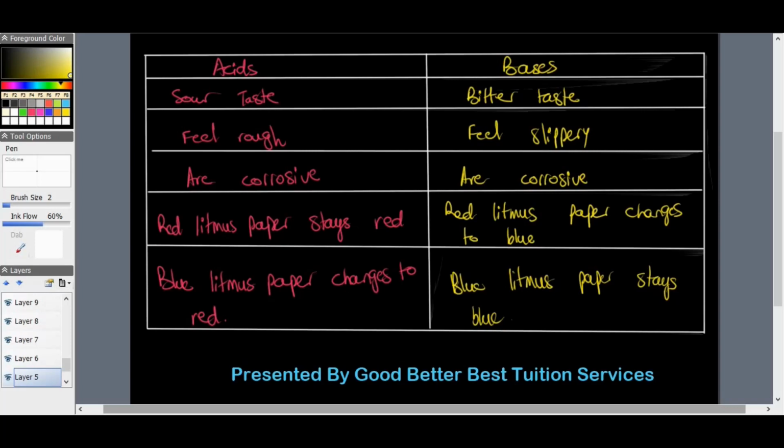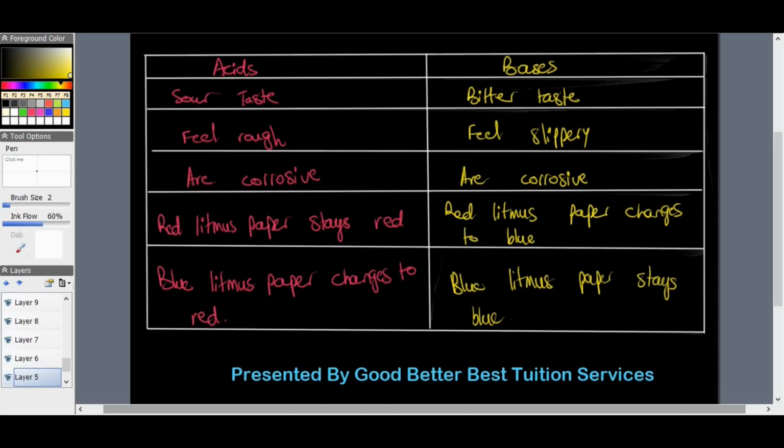So red means acid. And if you take your blue litmus paper and it changes to red, then you know you have an acid. The blue one is a better indicator because people usually find change more direct, more in your face: oh yes, this is definitely an acid if it changes from blue to red.